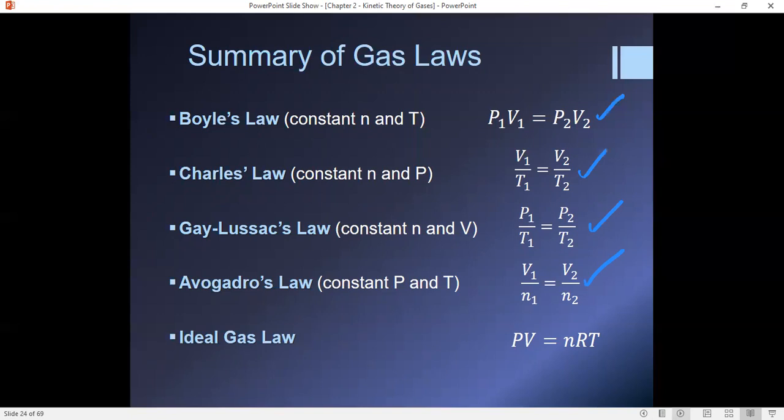We put them all together, and they result in the ideal gas law. And these all work usually as long as the density of the gas is not too high, or we're not near a phase transition where the gas is approaching a temperature and pressure where it's going to liquefy or turn into a solid.